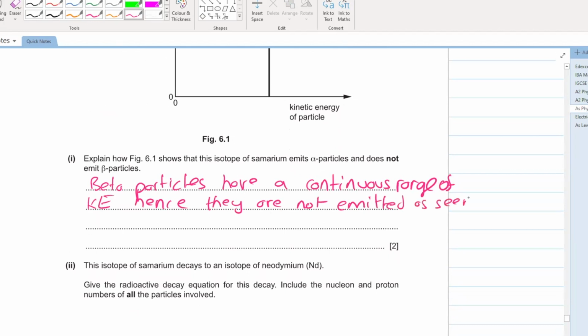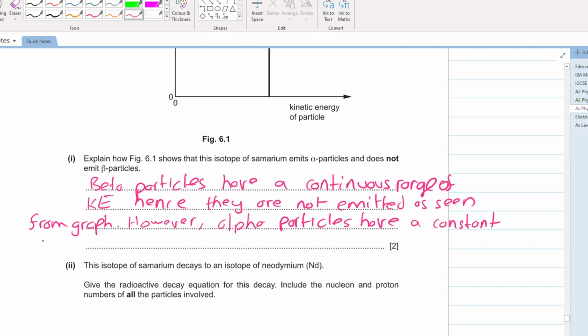However, alpha particles have a constant kinetic energy, which can be seen in the graph. Simple as that, nothing complicated here.